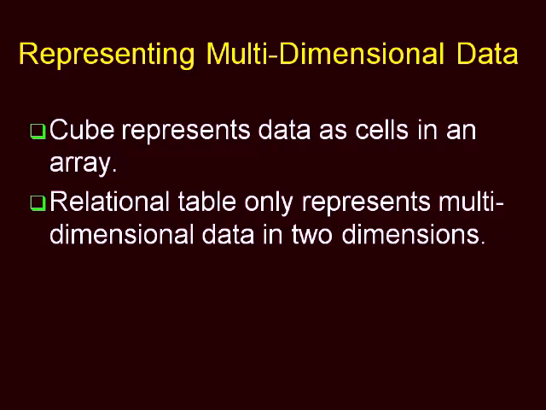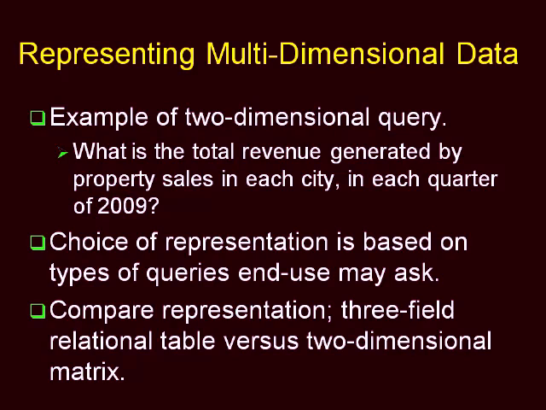Suppose you take an example of a two-dimensional array: what is the total revenue generated by property sales in each city in each quarter of 2009? That means if there are 4 quarters in a year, for each quarter in each city, what are the total sales? So this is a two-dimensional grid. The measure here is sales.